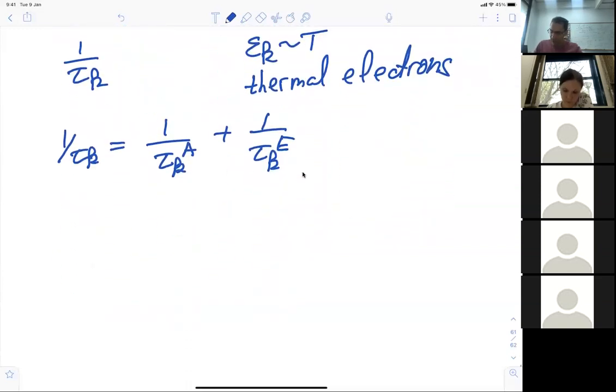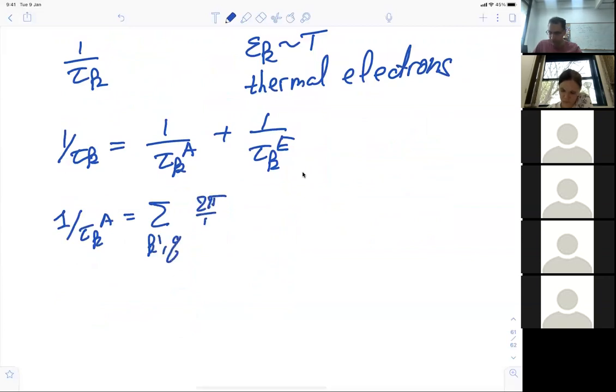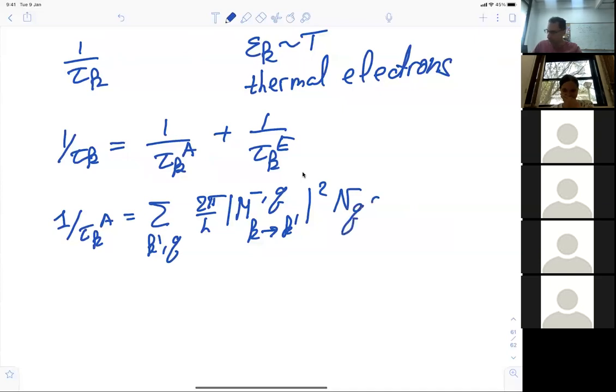The rate for scattering with phonon absorption is the sum with respect to k prime and q of 2 pi over h bar, the matrix element for the scattering process, k to k prime, squared, times N q, times the delta function epsilon k minus epsilon k prime plus h bar omega q.